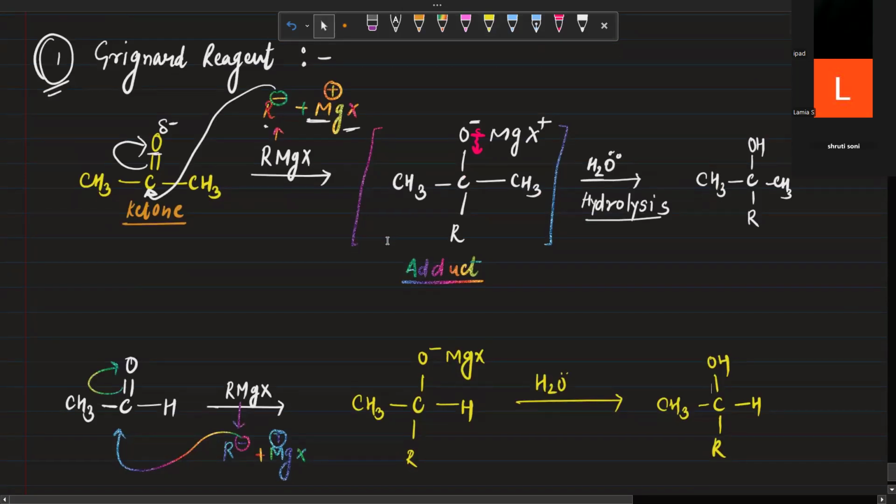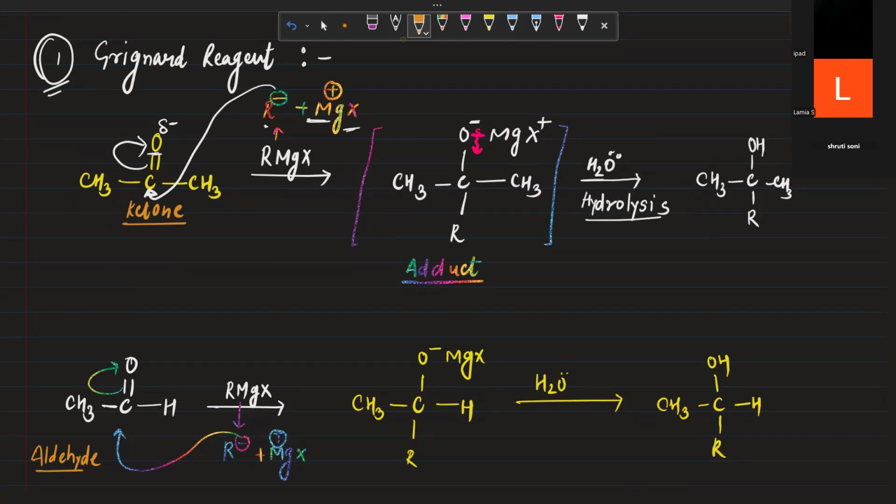What is the difference if I start with ketone and with aldehyde? What is the major difference between them? I'm asking about the product. What is the difference in product?